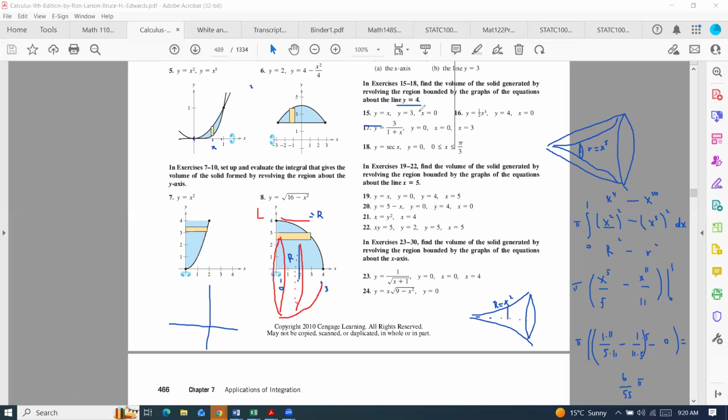Let me try one. For a change, maybe I can try 18 with secant. So let's get some trig exercise. If I have the function secant, and if I rotate about y equals 4, remember the graph of secant, 1 over cosine.